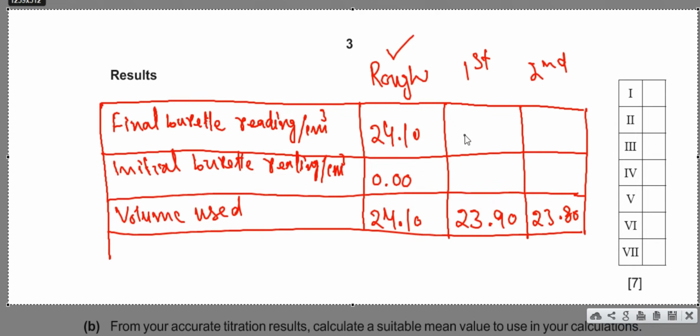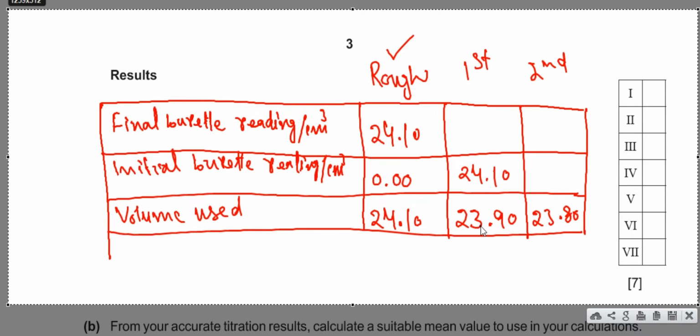For example, say my initial reading is 24.10. I didn't fill up the burette again and I'm continuing. How much value should I place here so that I get this answer? Let me use my calculator so that I can write accurate readings.